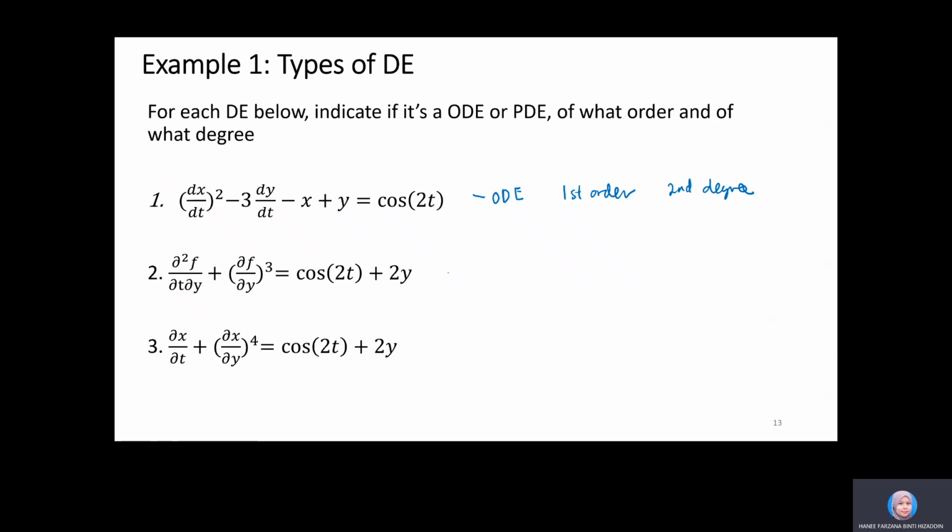Number 2 is obviously a PDE because of the curly d, and also you have 2 independent variables. What order? Second order, because it involves the second derivative here. And what degree? Look at the highest order derivative: the second order only has a power of 1, so it's still first degree.